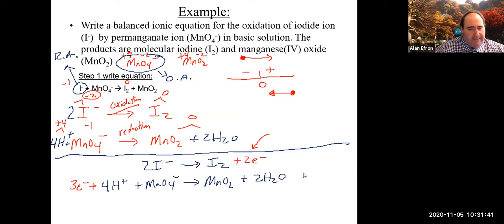And again, that gives us -3 for the electrons, -1 for the MnO4. That's -4, and +4 is 0 on the left-hand side to match the 0 we have on the right-hand side. Again, also makes sense. We added the electrons to the reactant side, as that is our reduction half reaction. Any questions on that?